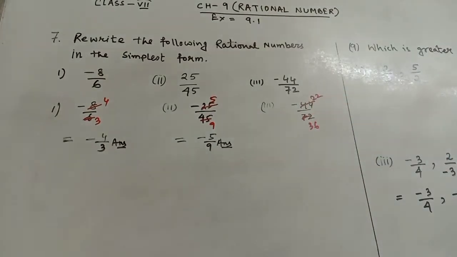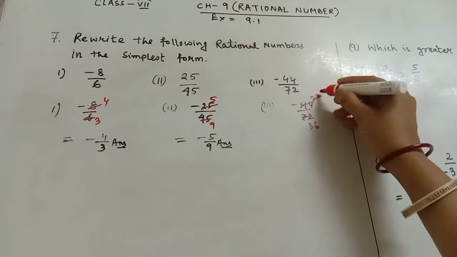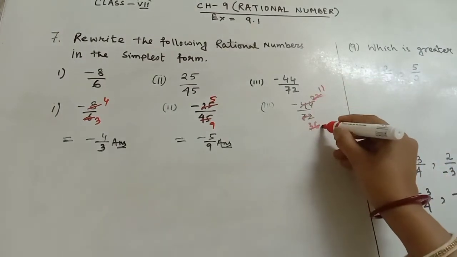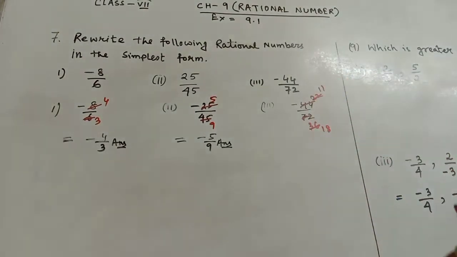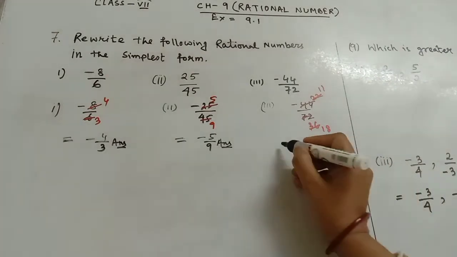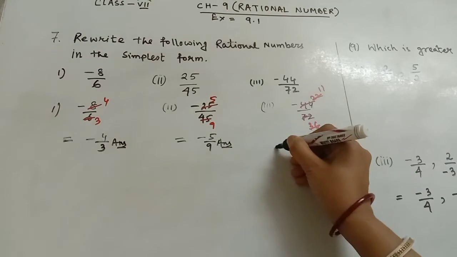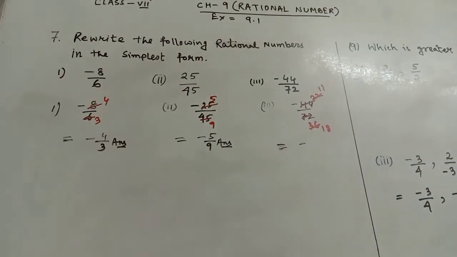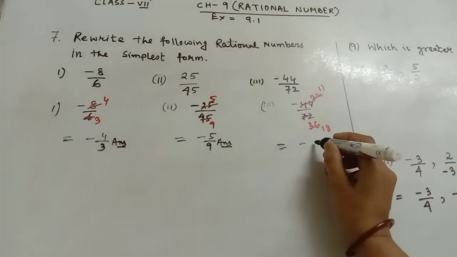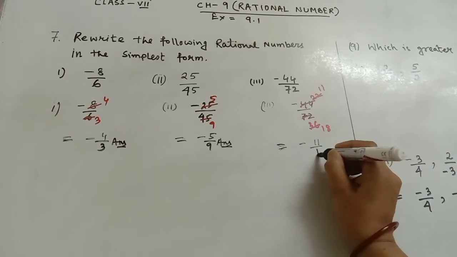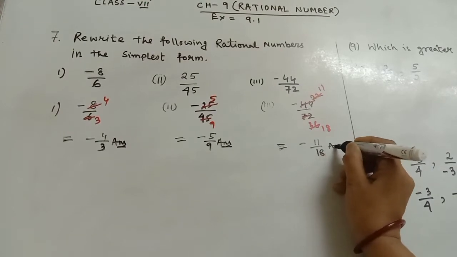Again you can divide it by 2, 2 11s are 22, 2 18s are 36. Now your cancellation is over, and this is the simplest form of this number. It is minus 11 by 18. Understood?